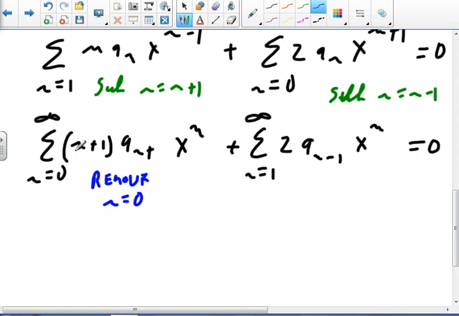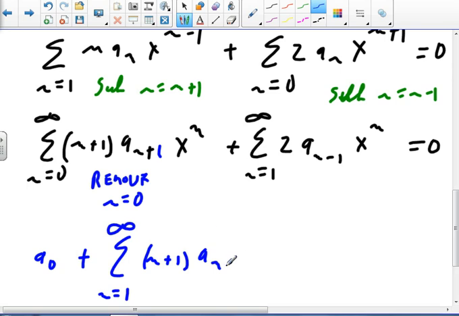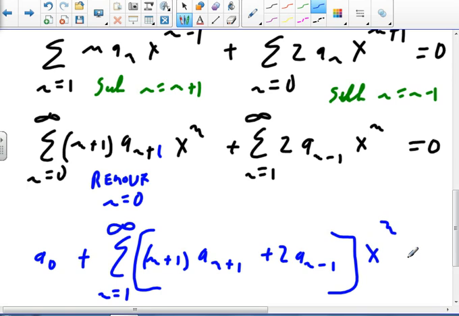So I'm going to remove the 0th term. It would be a1, because x to the 0 is 1, plus the summation n equals 1 to infinity of (n plus 1) a(n plus 1), not x yet, plus 2 a(n minus 1), everything times x to the n is equal to 0.